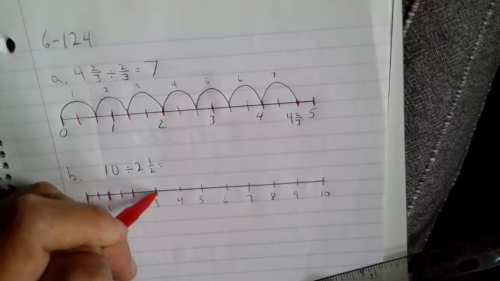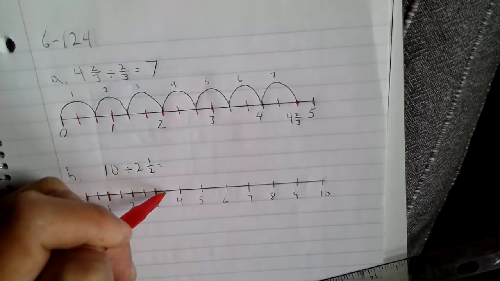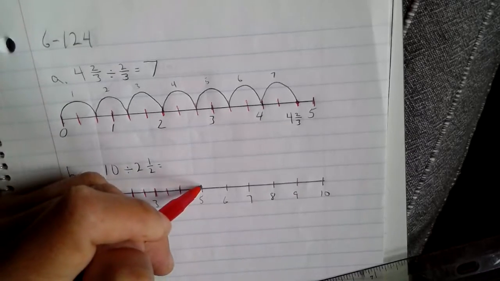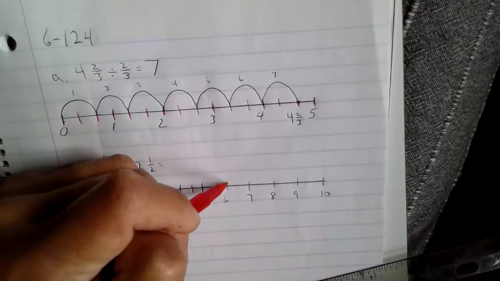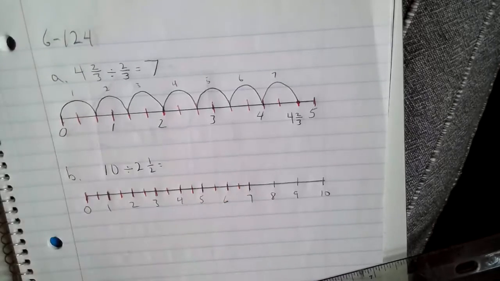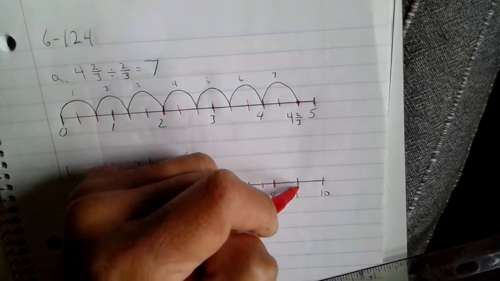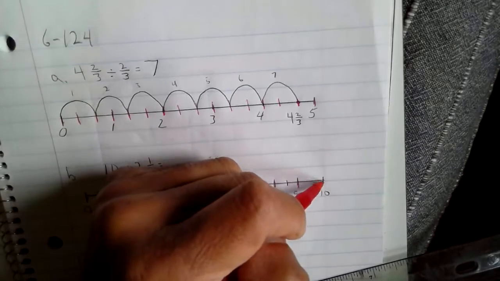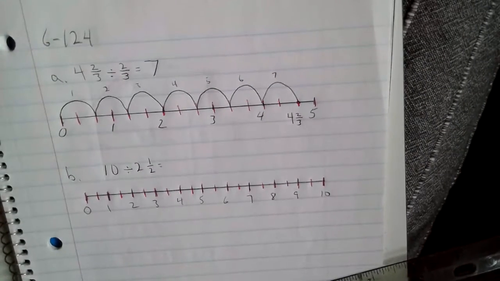Here's another one whole, cut it in half. Follow the pattern and do the same thing. Okay, let's continue. So this one whole, cut it in half. All right, so now I can see.